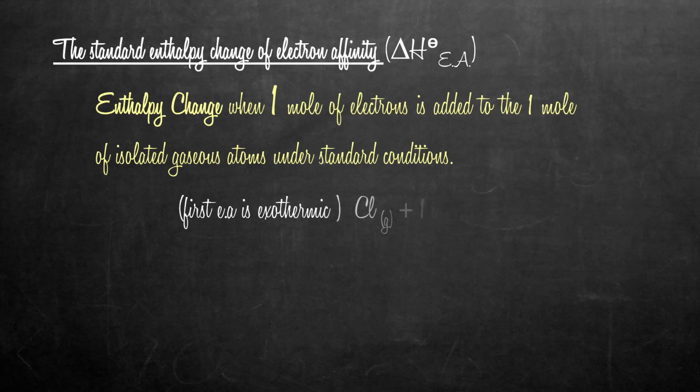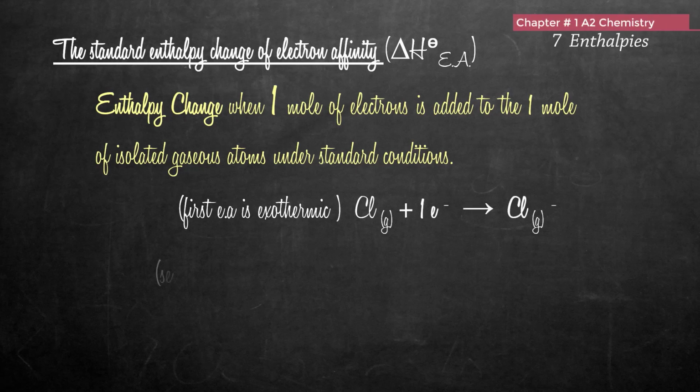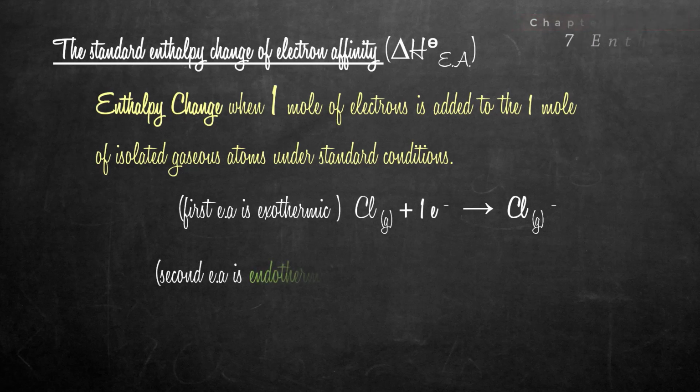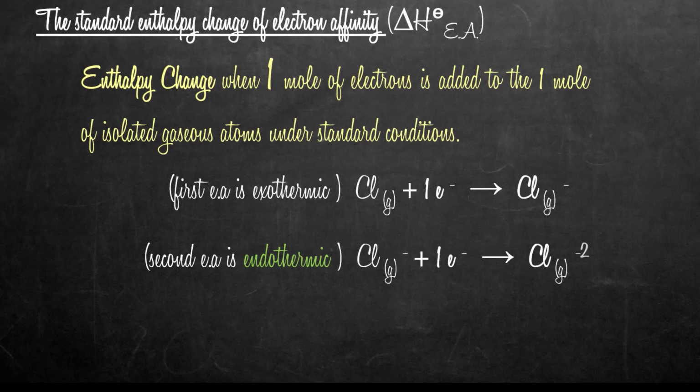We can also add the second electron into the already single negative gaseous ion. For example, when 1 mole of electron is added into the 1 mole of Cl negative gaseous ion, there is a formation of Cl2 negative gaseous ion. But the second electron affinity is an endothermic process.